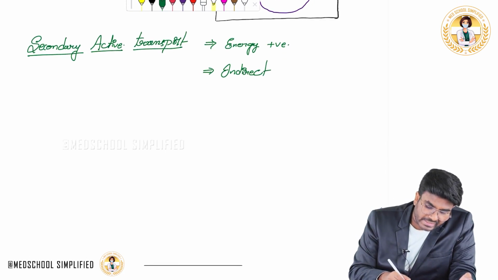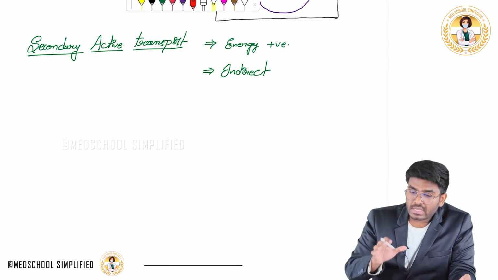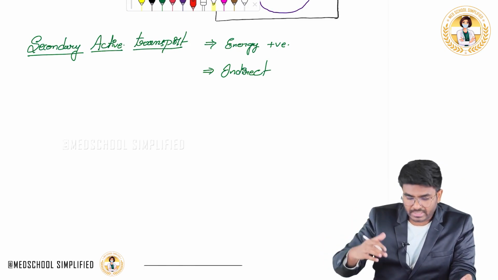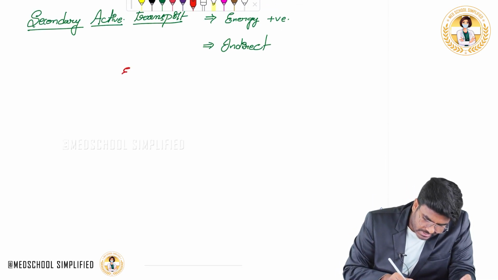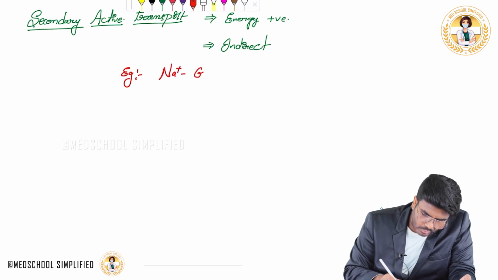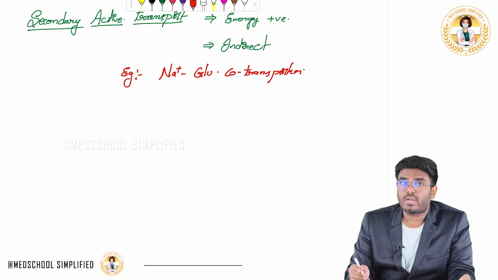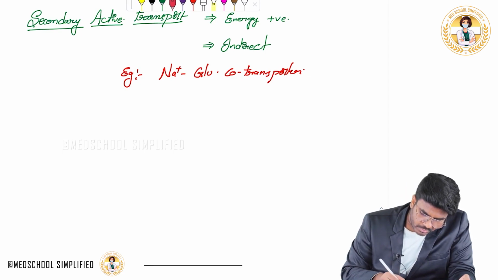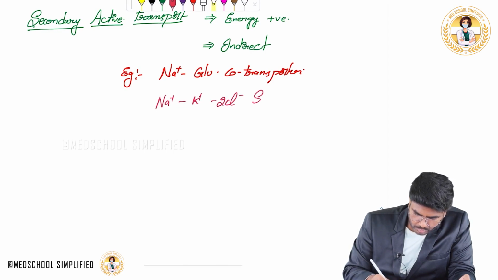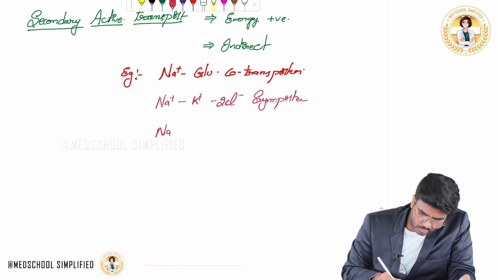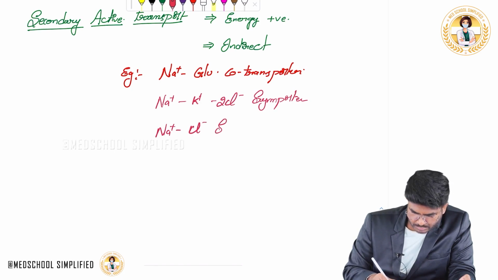First of all, let me tell you the examples of secondary active transporters. I will explain that example so that you will have better clarity. Examples of secondary active transport are the sodium glucose co-transporter, the sodium potassium 2-chloride symporter, or the sodium chloride symporter.